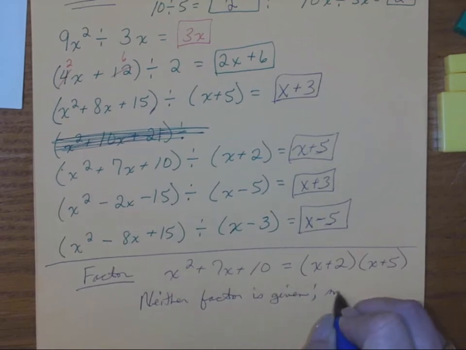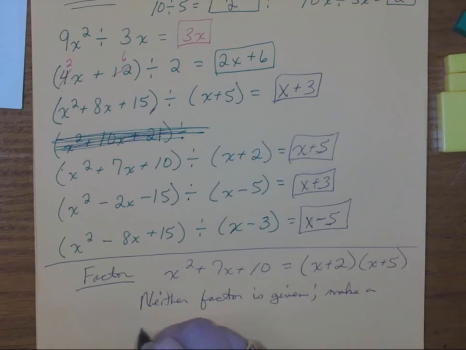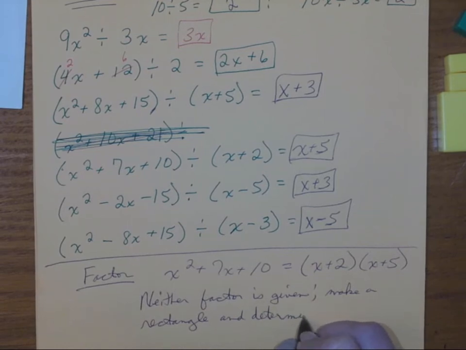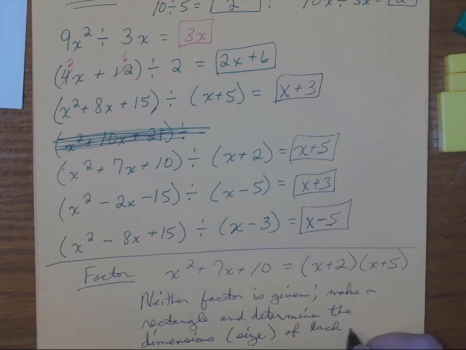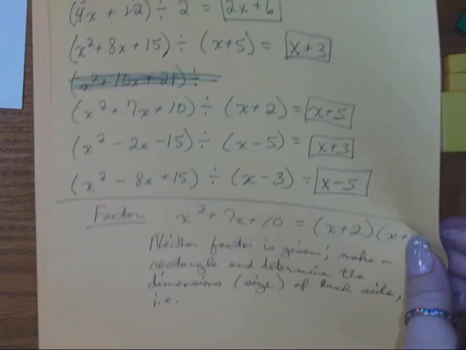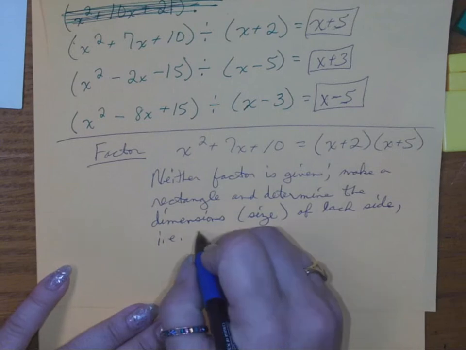Instead, you're going to make a rectangle and determine the dimensions or the size of each side, i.e., oops, sorry, I know I'm out of space here, i.e., the factors.